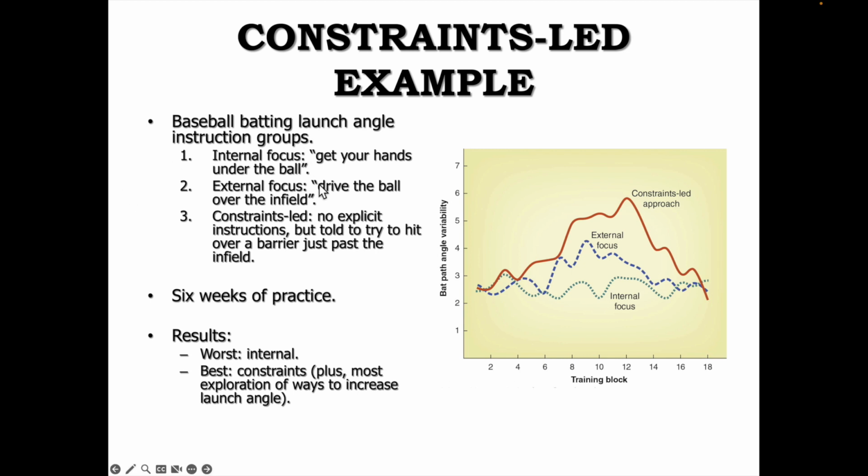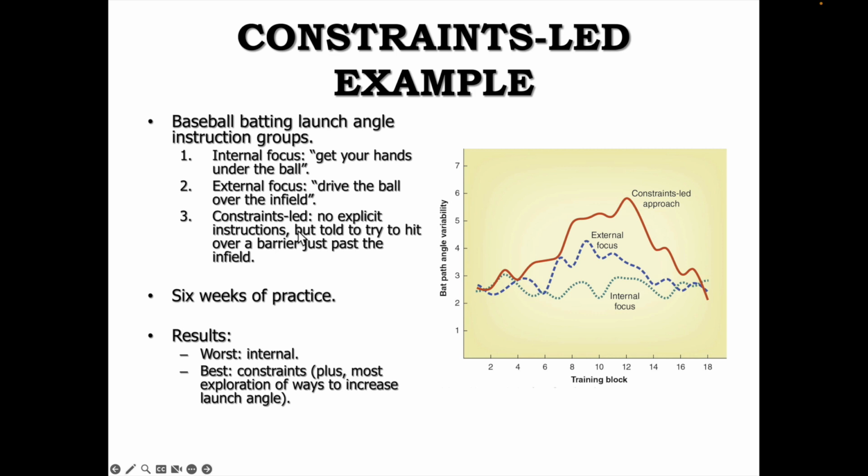One group was given an internal focus of attention. They were told to get your hands under the ball. The second group was given an external focus of attention, and they were focused on driving the ball over the infield. And then the third group had a constraints-led learning approach.